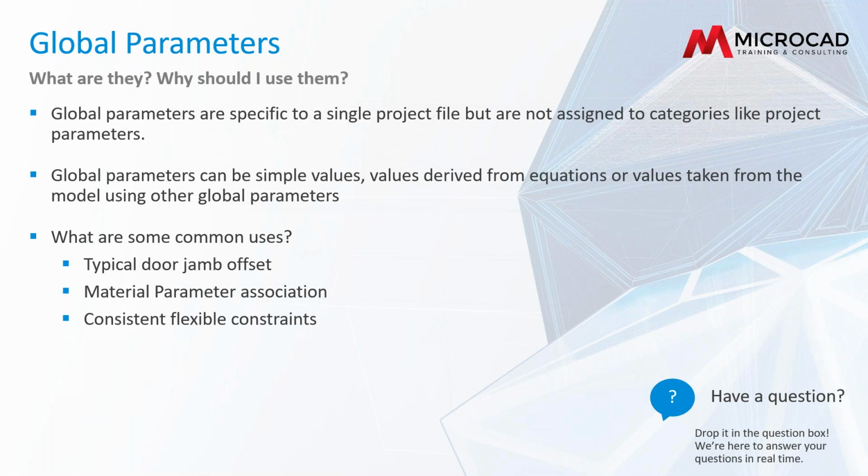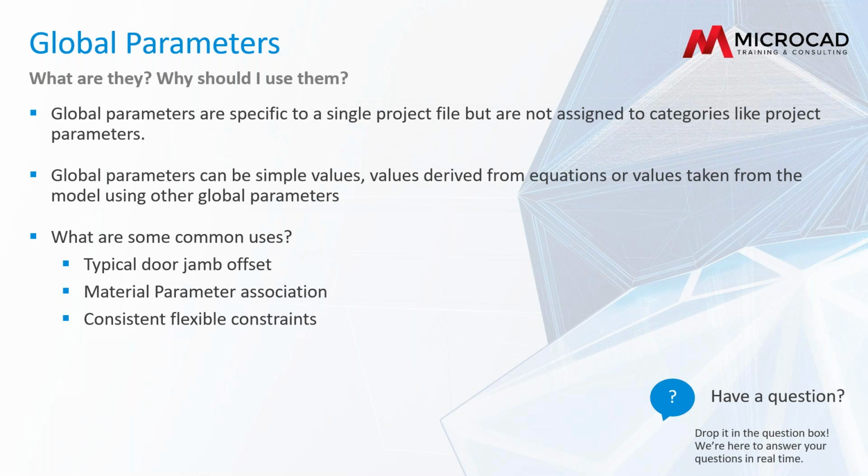But if you have a template, you can certainly insert some global parameters in there. They can be very simple values to very complex equations, whatever you want to use them for. Some common uses that I particularly love to use them for: material parameter association.